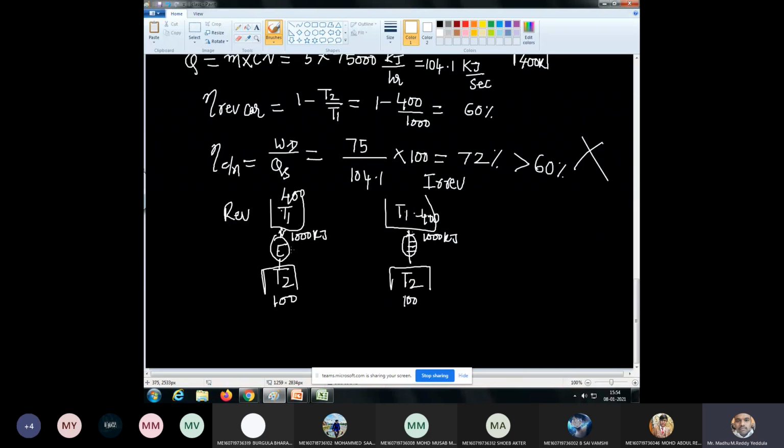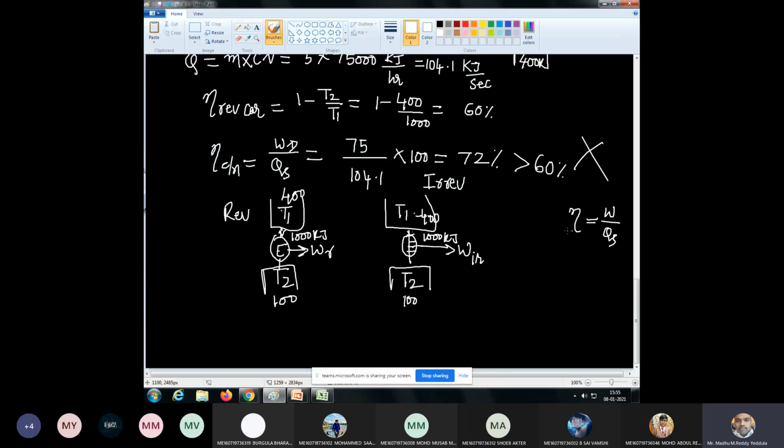Now this is the reversible engine, W is the work done by the reversible engine, and this is the work done by the irreversible engine, W irreversible. According to the Carnot cycle, the reversible engine should always have more efficiency, right? Efficiency equals work done by heat supplied. For both engines I supplied the same heat.